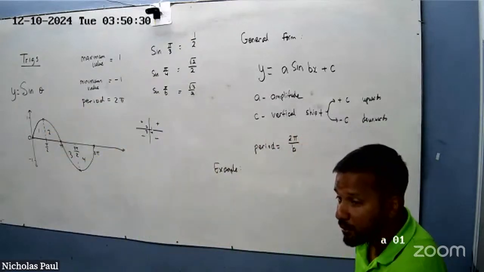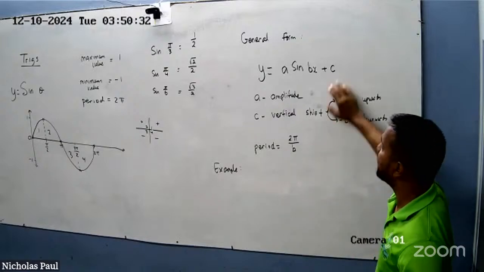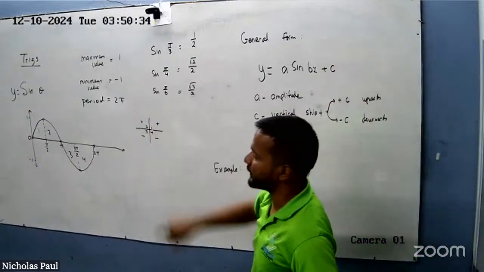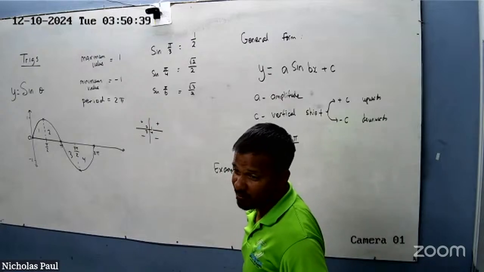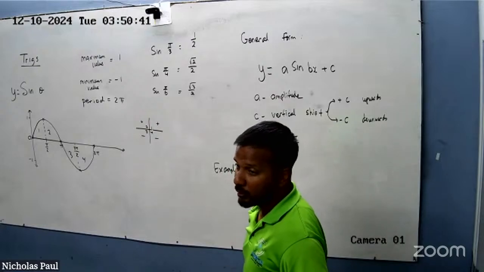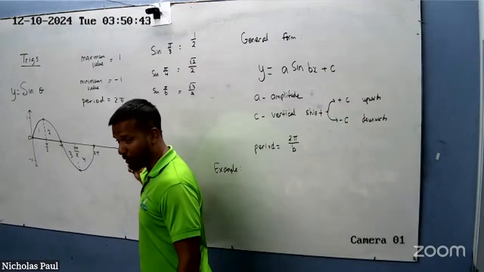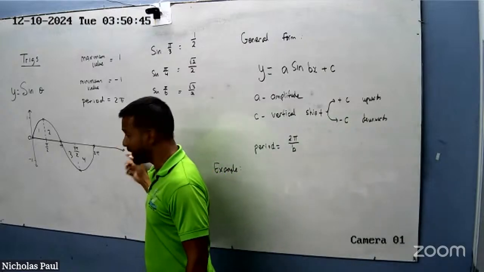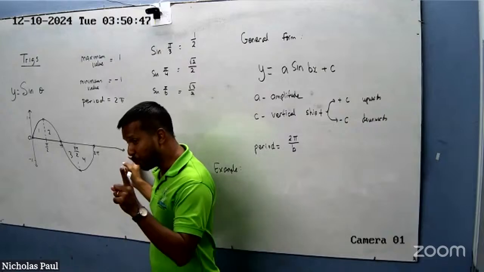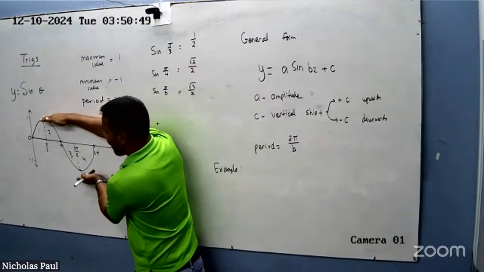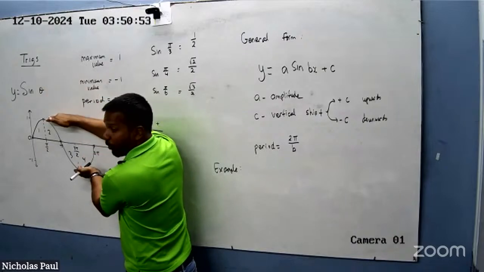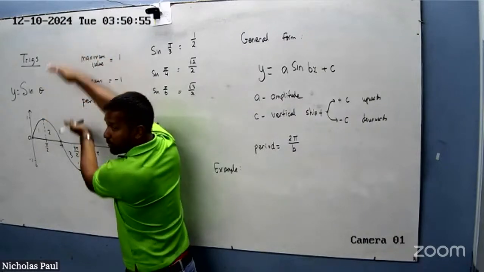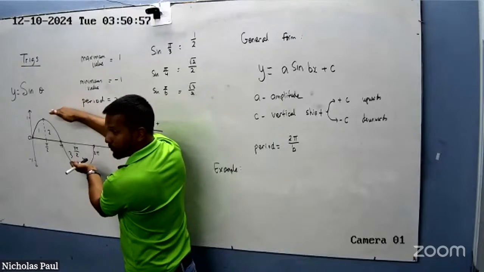In our example, C is 0, so C gives you an idea where the equilibrium line is. If C is 1, the whole graph will shift up 1. If C is 4, shift up 4. If C is minus 1, it comes down.